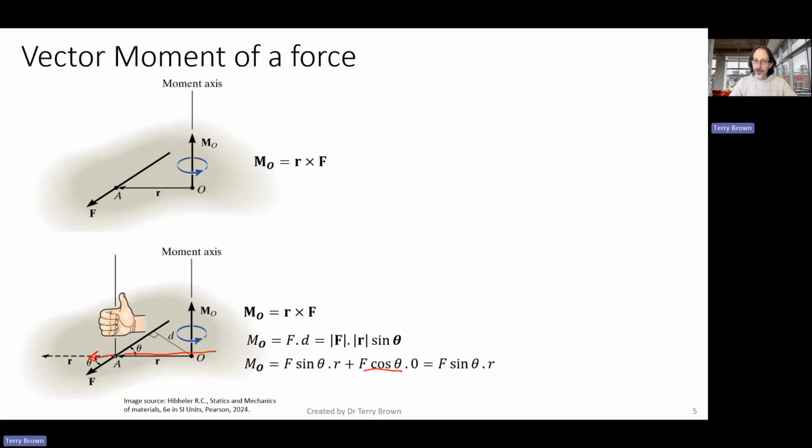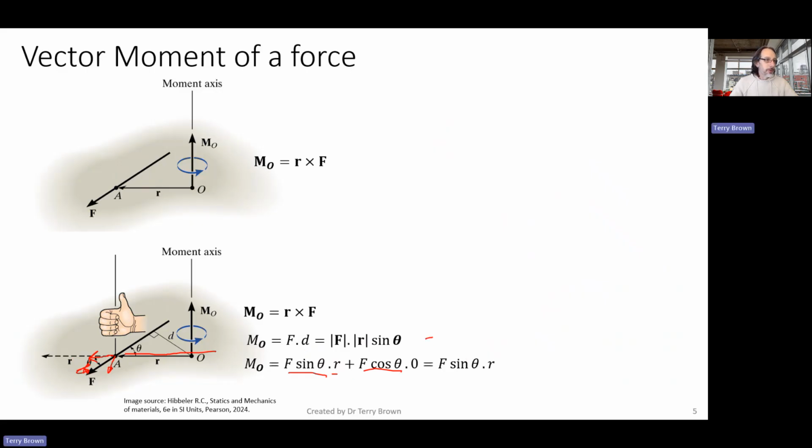And then we have F sine theta, which will be out in this direction here. If you want, you can put it over here, but I tend to not do that because it changes the location of the line of action of the force. So this is our component of F perpendicular to the R direction. So that's what we have here, F sine theta times R. So we get the same thing there as we got previously.